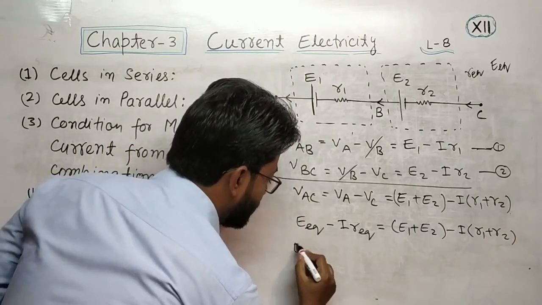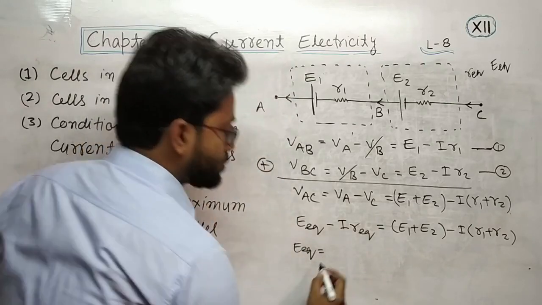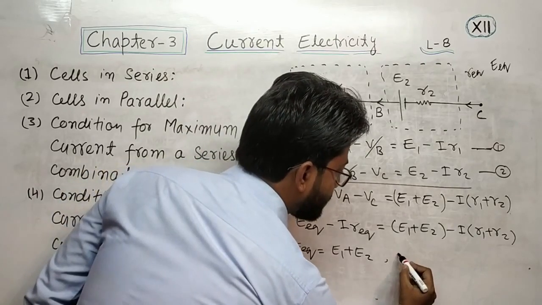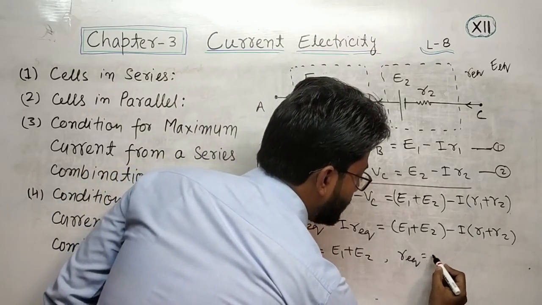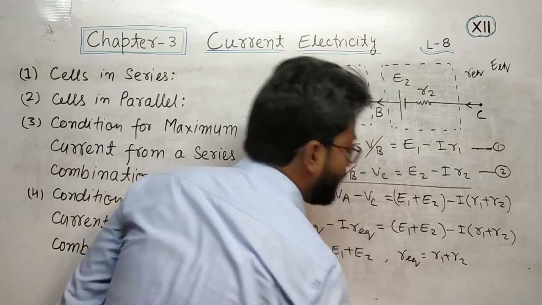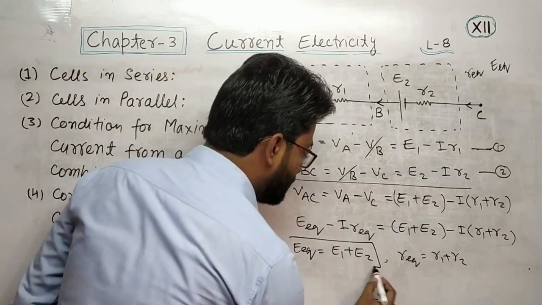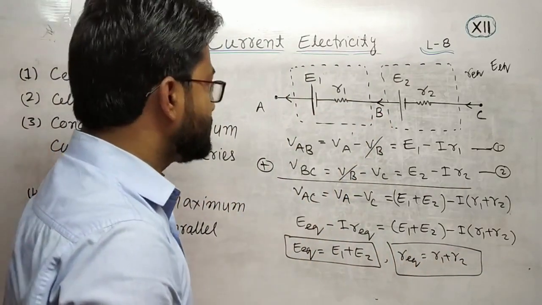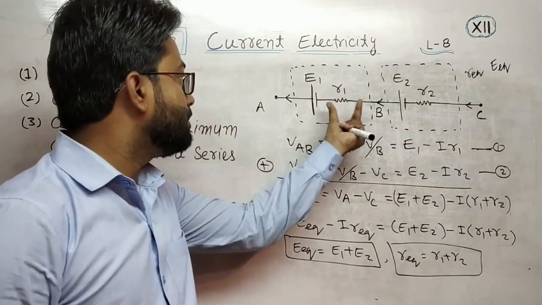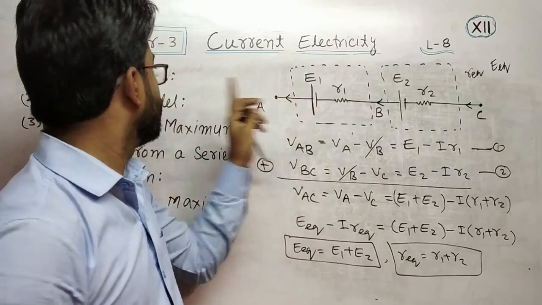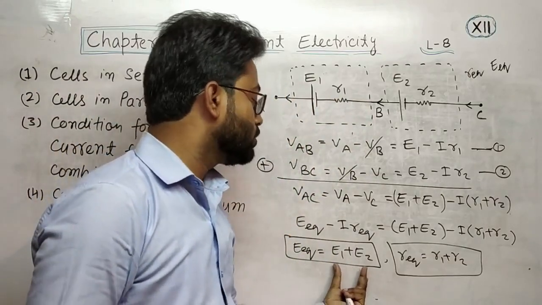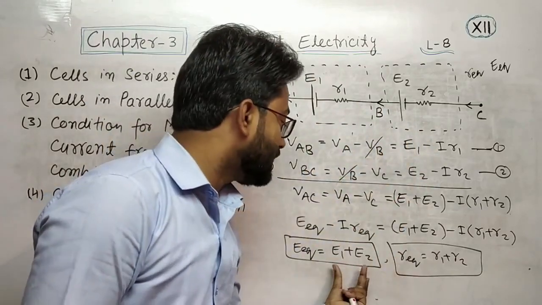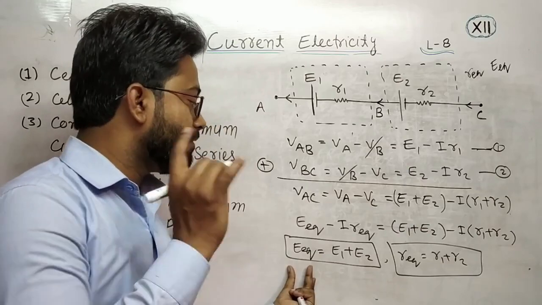Finally, E equivalent is equal to E1 plus E2 and R equivalent is equal to R1 plus R2. We can say that if the cells are in series, then the net equivalent EMF will be equal to the algebraic sum of all the EMFs.